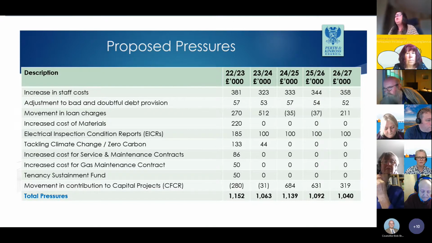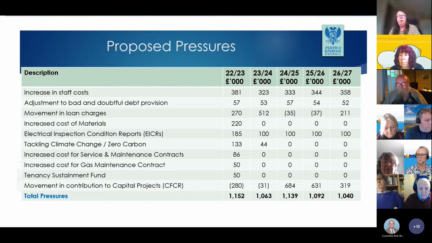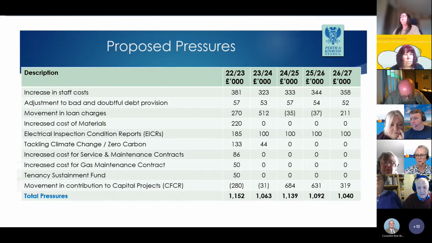We've got tackling climate change and zero carbon, a really important area as we move forward as a local authority, and we'll talk later in terms of the rent options what that means in terms of increased resources, and Judy will talk to you about an exciting opportunity for tenants to be involved in helping us to shape this work moving forward. We've got increased costs for service and maintenance contracts. We've got an increased cost for the gas maintenance contract.